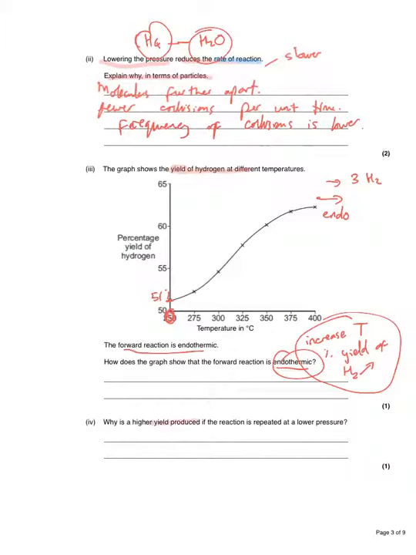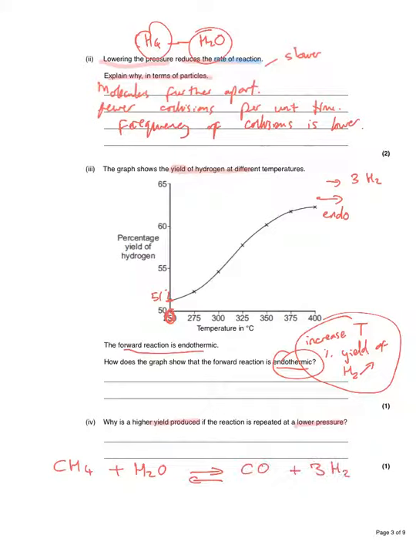Finally, why is there a higher yield of product at lower pressure? Well, looking at the reaction, you've got CH4 and H2O, and it forms carbon monoxide and 3 hydrogen.